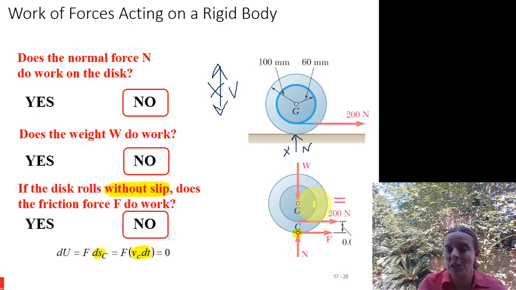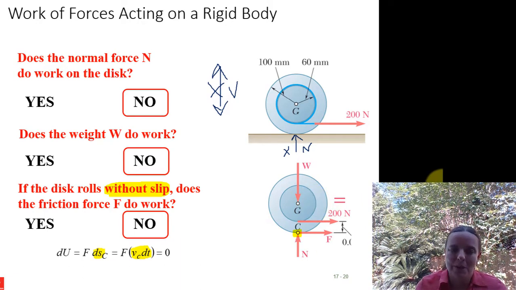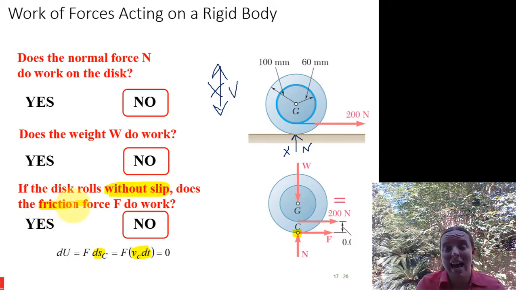So the friction will divide up how much energy is in rotational energy versus translational energy. But if you add it all together, it does not change the overall amount of total energy in the system. So friction only does work if it's sliding, if it's kinetic. Static friction never does work.